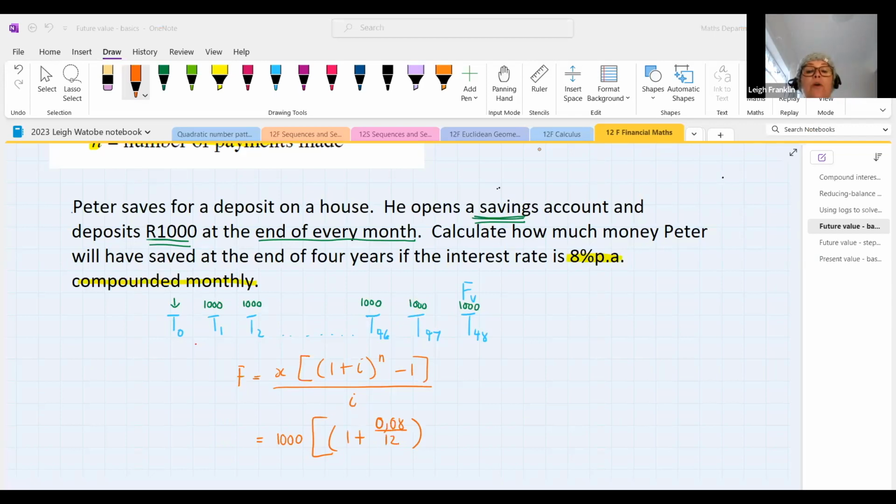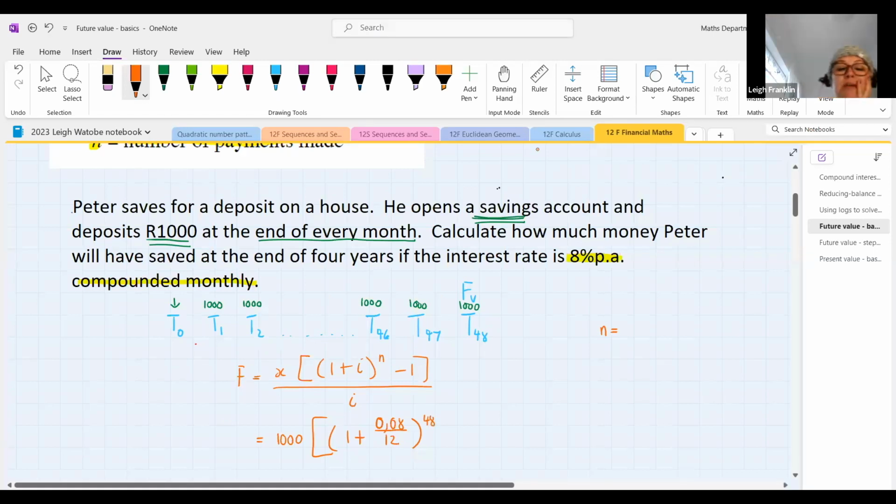Now we need to work out the number of payments that Peter will have made in 4 years. Anyone got any idea what N would be equal to in this case? Absolutely. He's paying at the end of every single month for 4 years.